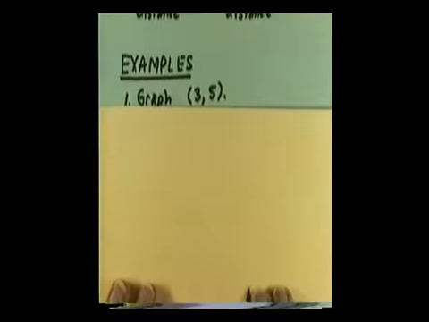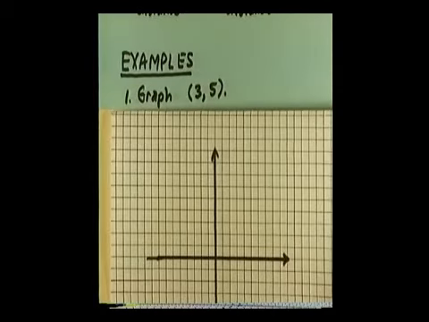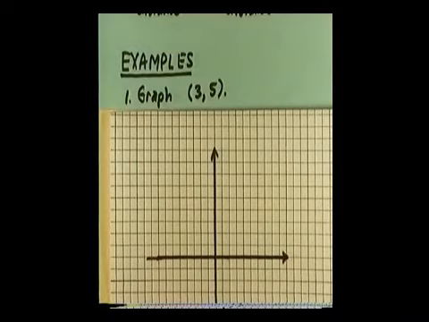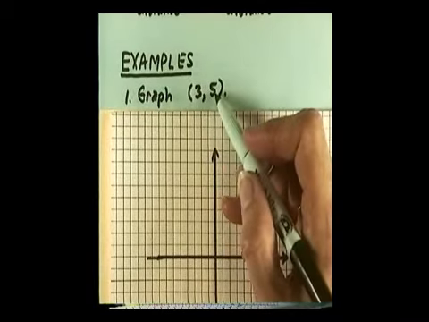Graph the ordered pair 3, 5. Now I'm going to put the graph grid on this page. Let's see if I can fix it so we can see the two of them together. To graph 3, 5, the abscissa is 3. That's the horizontal distance. The ordinate, the vertical distance, is 5.